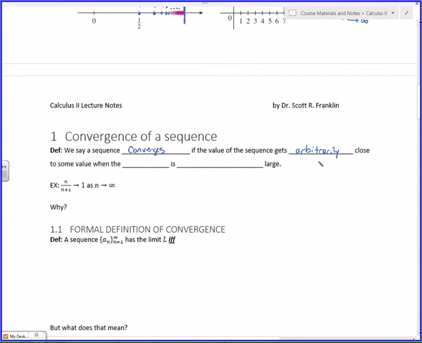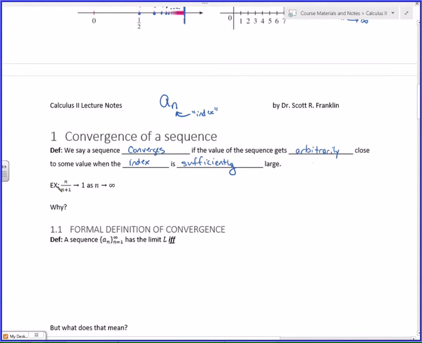What I mean by arbitrarily is as close as I want it to some value when the index, which by the way is the name of the subscript, I call this down here the index, is sufficiently large. Okay?